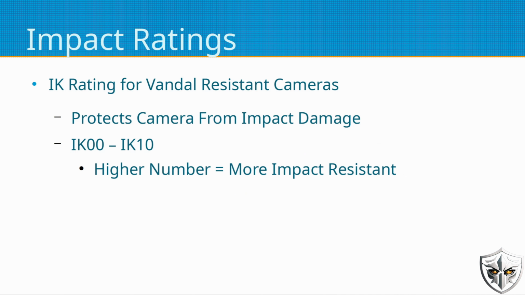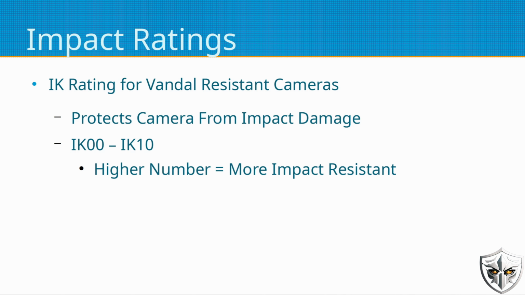Cameras also come with an impact rating or a vandal rating. People think of vandal rating and they think of the lens being painted over and things like that. And certainly there are lenses that have film on them to reduce damage from paint or from things you can put on them. But typically when you're talking about IK for vandal rating, you're talking about the impact damage. So this is somebody trying to take a hammer to a camera or a baseball bat or a golf club or some other impact device to try to damage that camera.